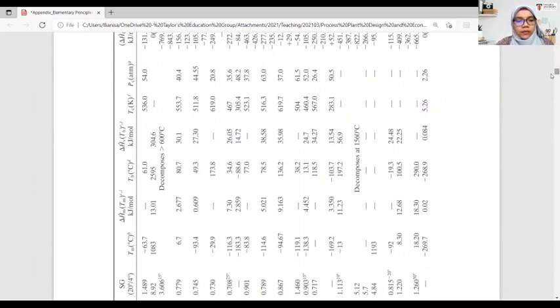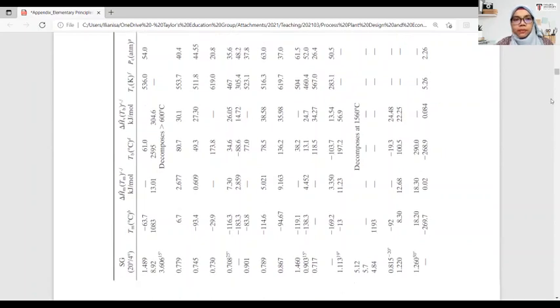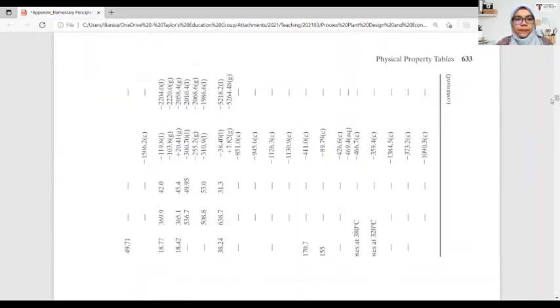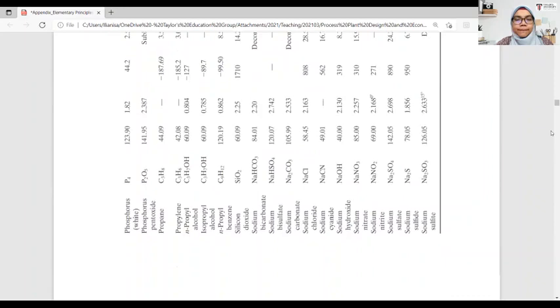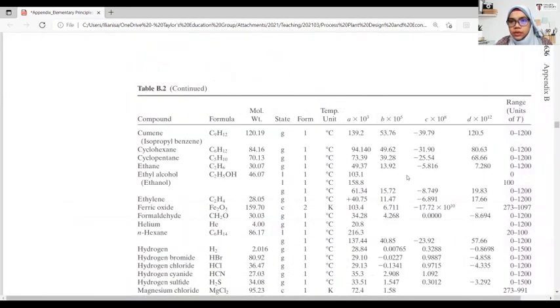And we can refer to table B2 for Cp. For n-hexane, you can see here, you may refer to this. That is how to solve this, and then you can try it on your own.